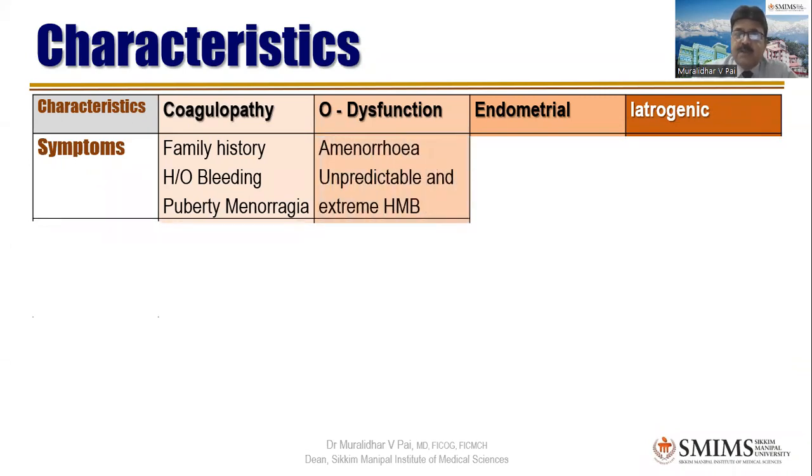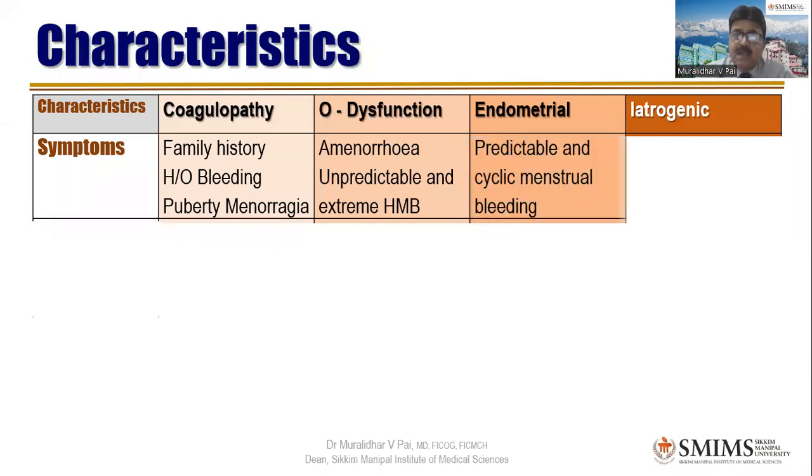Ovarian dysfunction: there will be amenorrhea interspersed with irregular cycles, unpredictable and extreme heavy menstrual bleeding. In fact, when we used to talk about DUB, anything and everything could be there in a DUB. There can be polymenorrhea, oligomenorrhea, menorrhagia, things like that. Similarly, here it is unpredictable, extreme heavy bleeding in the new terminologies.